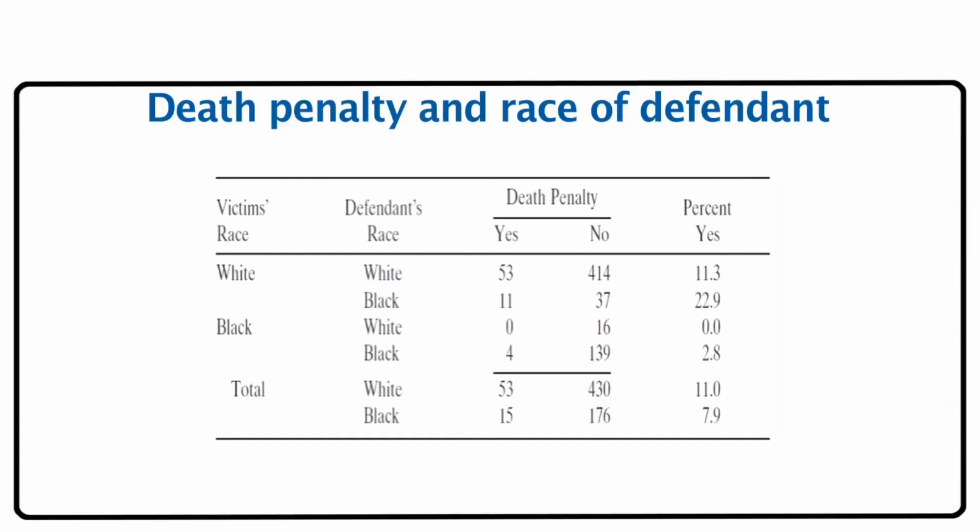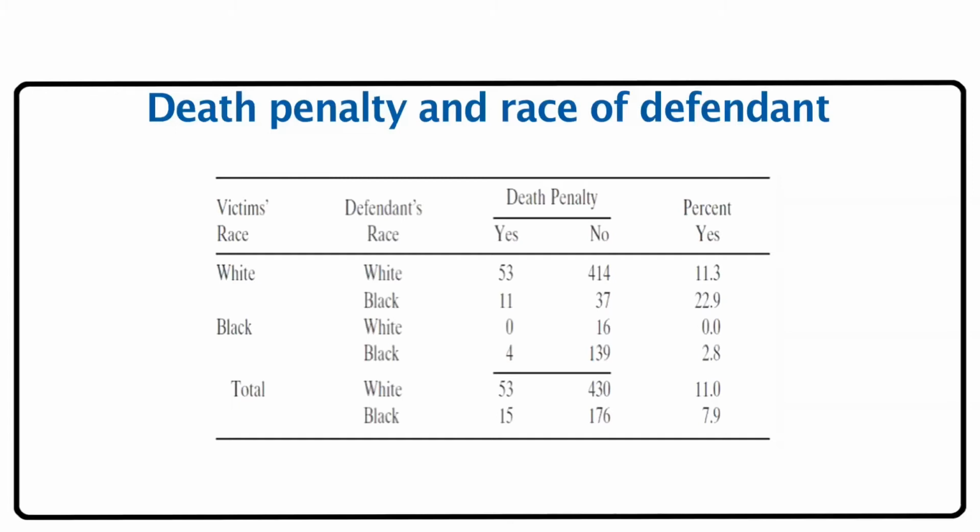My other two variables are the race of the victim, which might be white or black, and the race of the defendant or the accused, which again might be white or black. So this is the data on these three variables taken from a set of murders which occurred in Florida, and these have been studied in the Florida Law Review as well as in the book by Agresti.